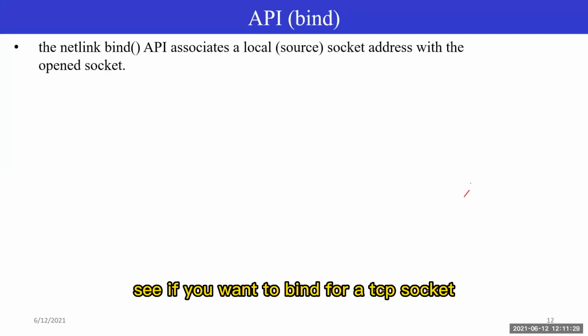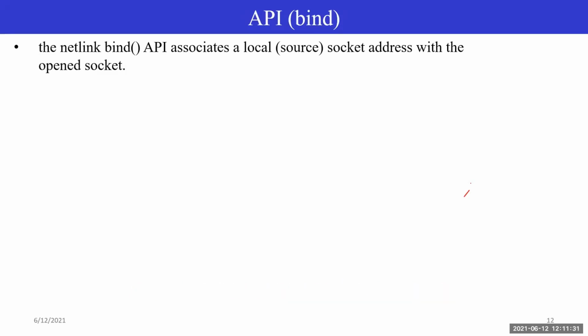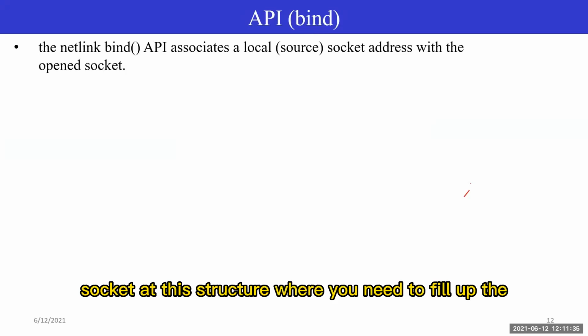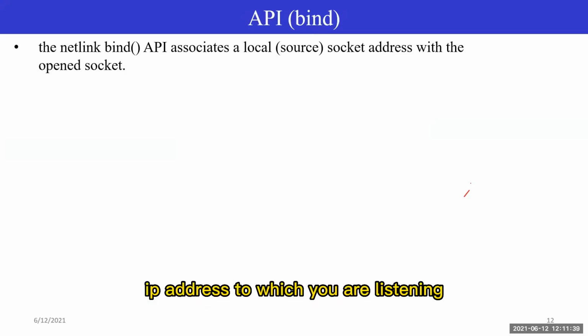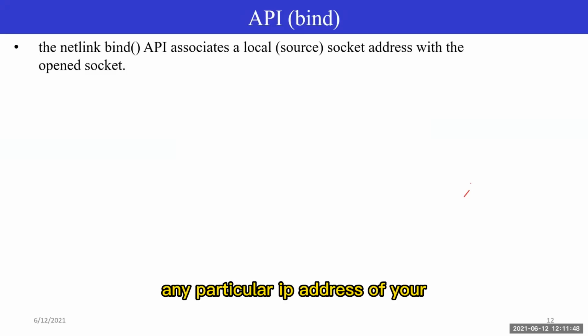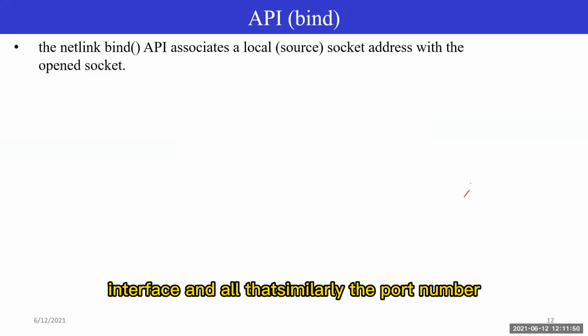See, if you want to bind a TCP socket, you need to fill up a socket address structure, where you need to fill up the IP address on which you are listening. It could be any IP from anywhere, or any particular IP address of your interface and all that.